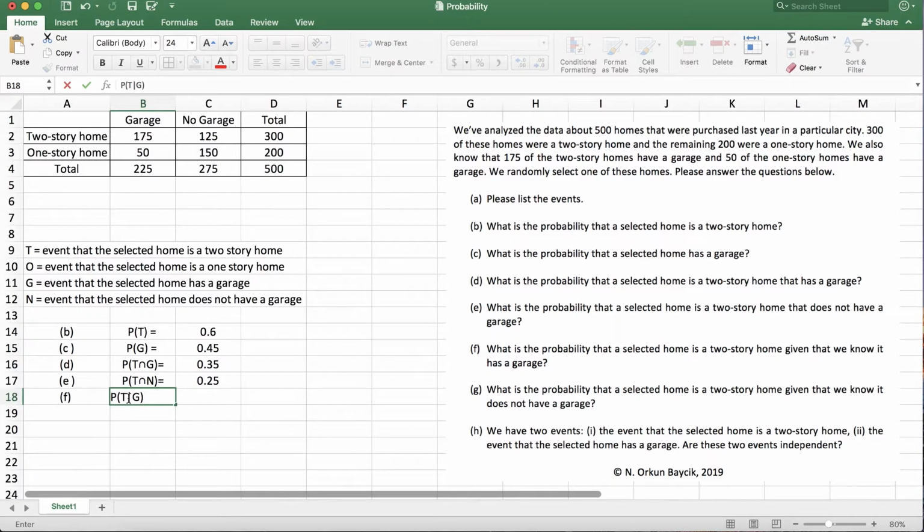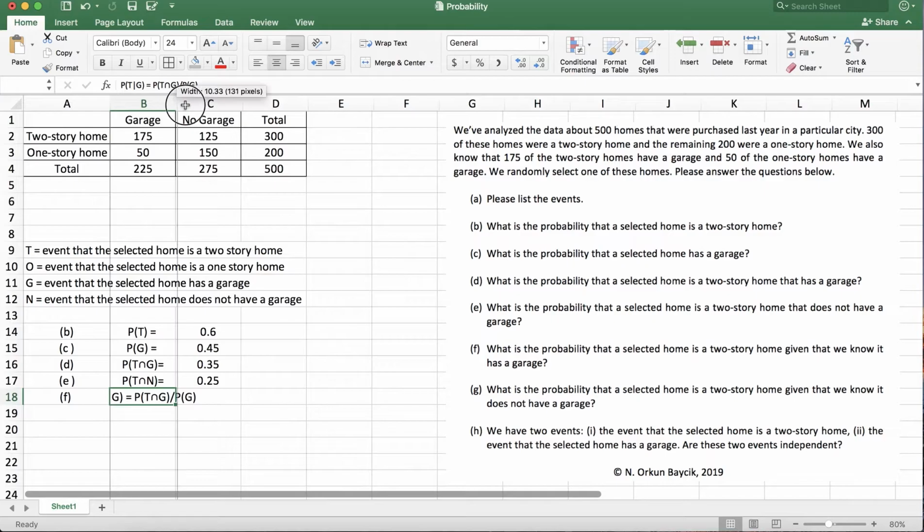So the notation will be T given G. And the formula for this is the intersection of T and G, or the joint probability of T and G, divided by the probability of the event that we already know about, okay?